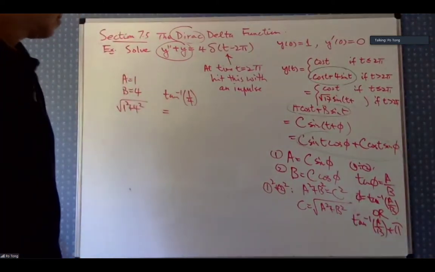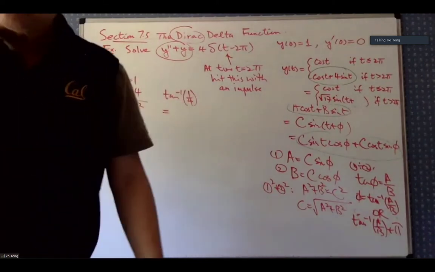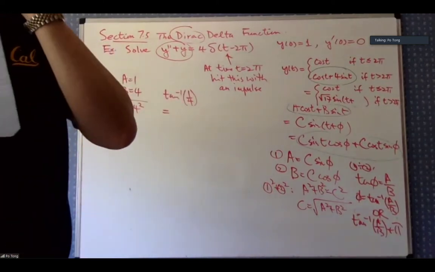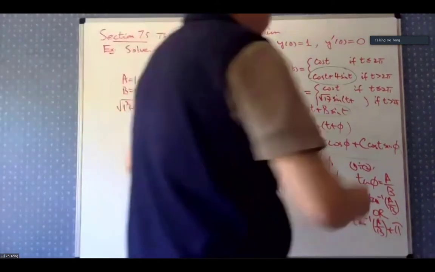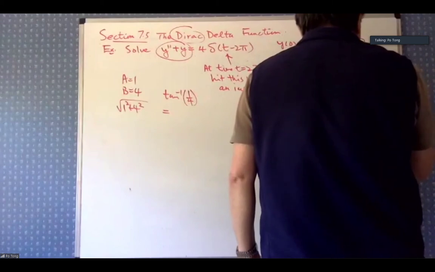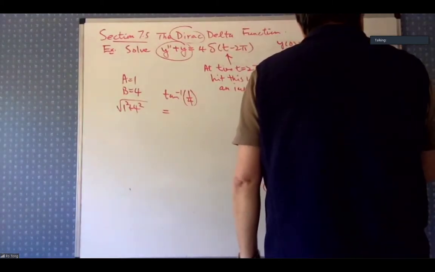And that is in the correct quadrant, so I don't have to adjust it by pi. I don't know how many radians it is because I don't have my calculator, so I'll just write arctangent of 1/4.